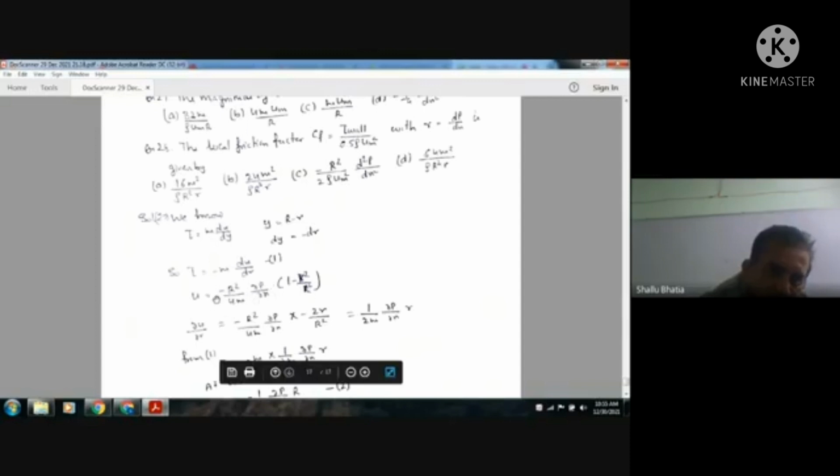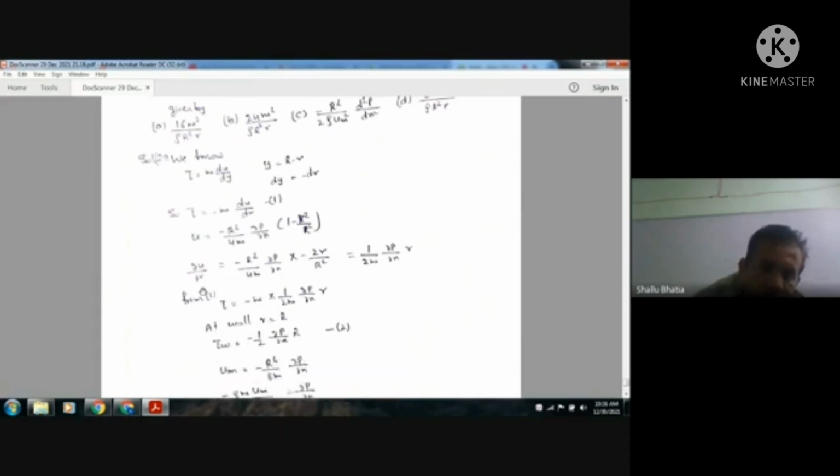So finding out du by dr, differentiating it we get R square by 4 mu dp by dx into minus 2r by R square. So minus minus gives plus, and this is du by dr. Equating from this, putting this value here, we can get the shear stress.